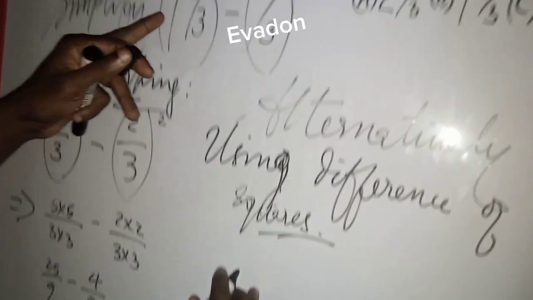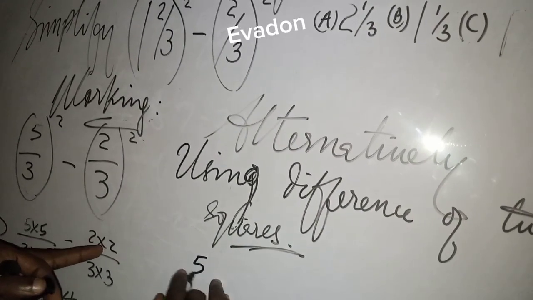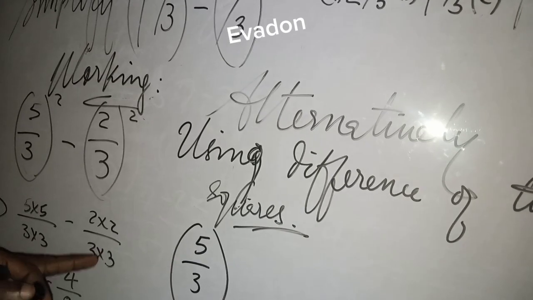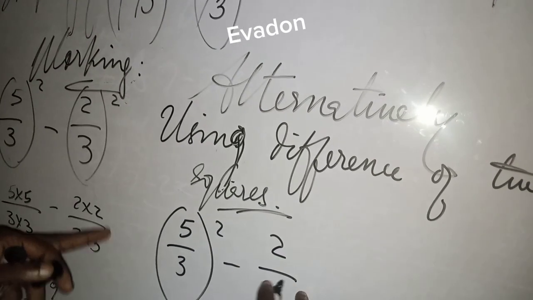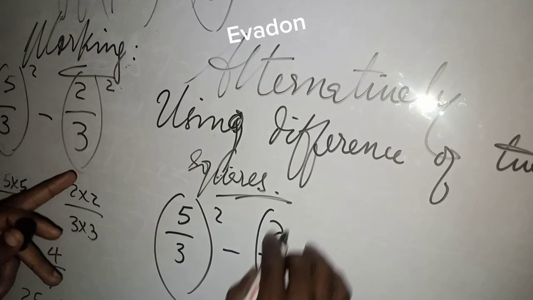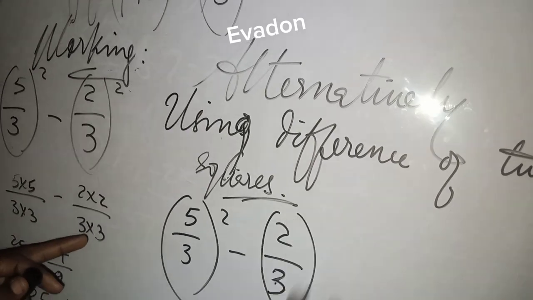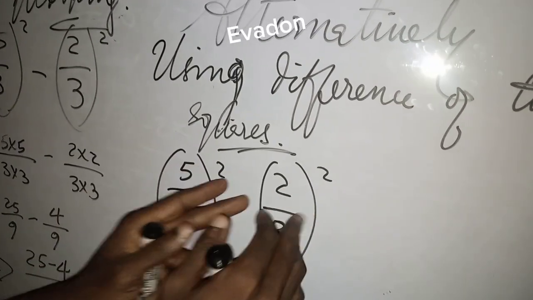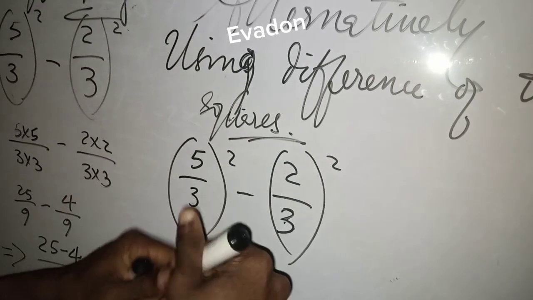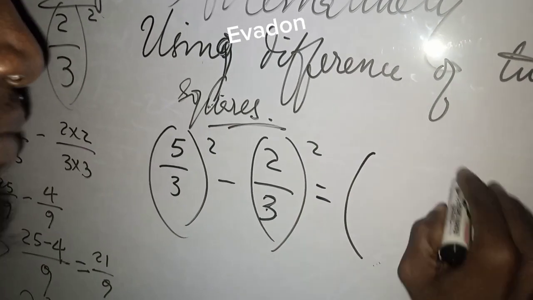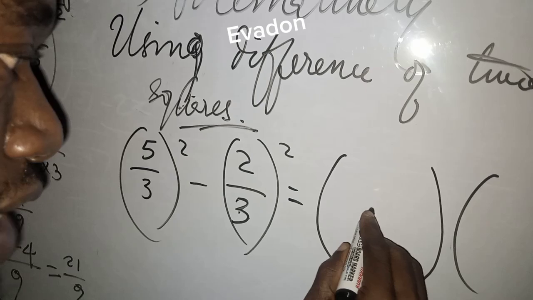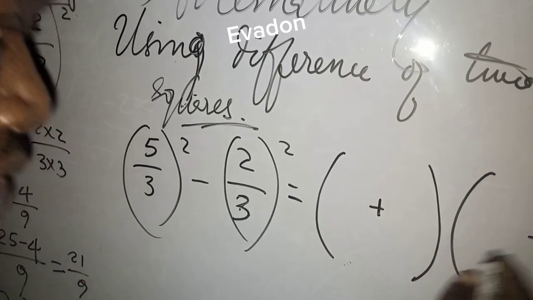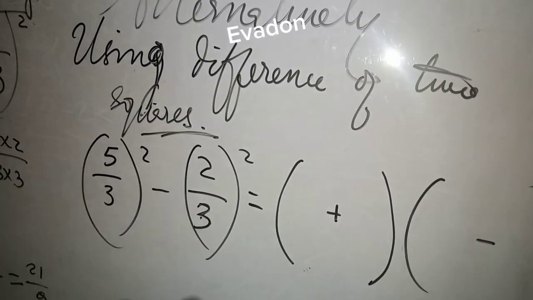When we change to improper fraction, it becomes 5 over 3 all squared minus 2 over 3 squared, because this is a perfect square. The result is the product of their sum and their difference.